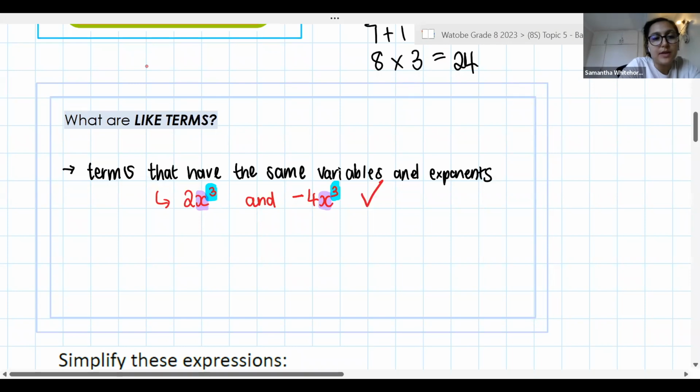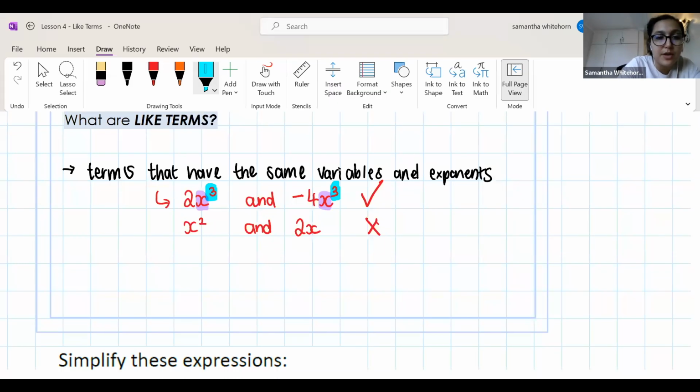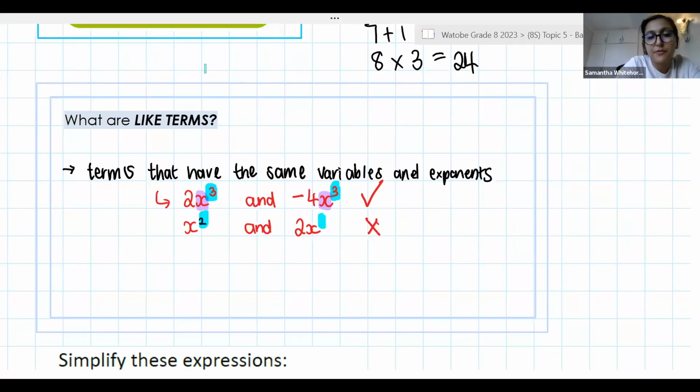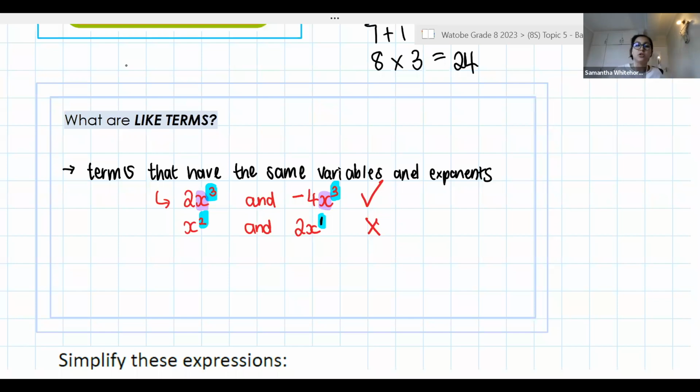If I gave you x squared and 2x, these are not like terms because even though they have the same variable, the exponents are different. I've got an exponent of 2 in my first term and an exponent of 1 in my second term.